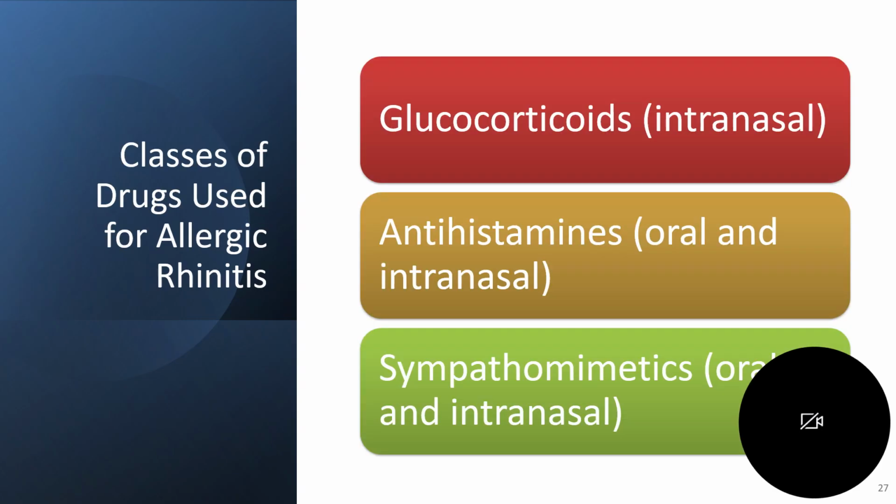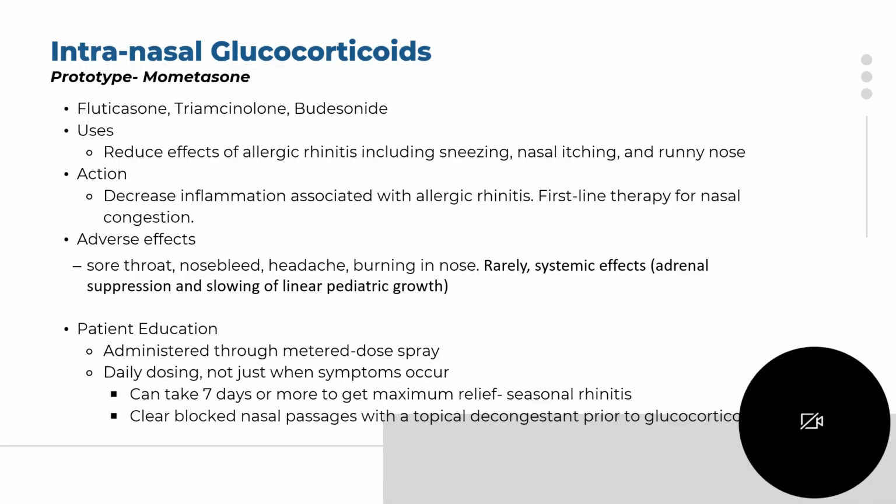So the meds that we use to treat this are glucocorticoids. We can give those intranasally to reduce inflammation, antihistamines to block that histamine response that can be given oral or intranasal, and then sympathomimetics, which can be given orally and intranasally as well.